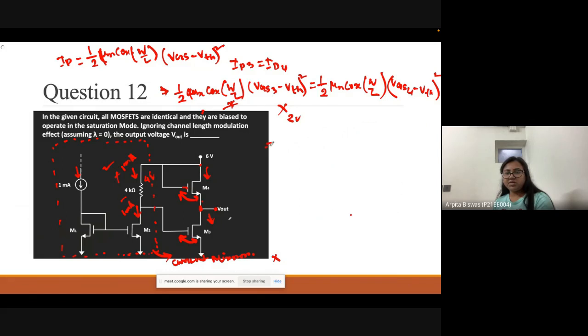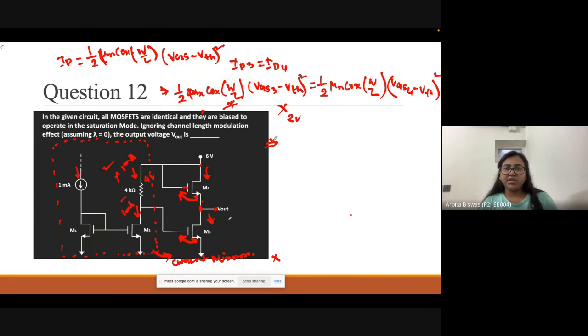Now tell me which equation we are getting from here. ID3 is equal to ID4. From the left side we get half of mu Cox W by L (VGS3 minus VTH) whole square, and the right side is half of mu Cox W by L (VGS4 minus VTH) whole square.